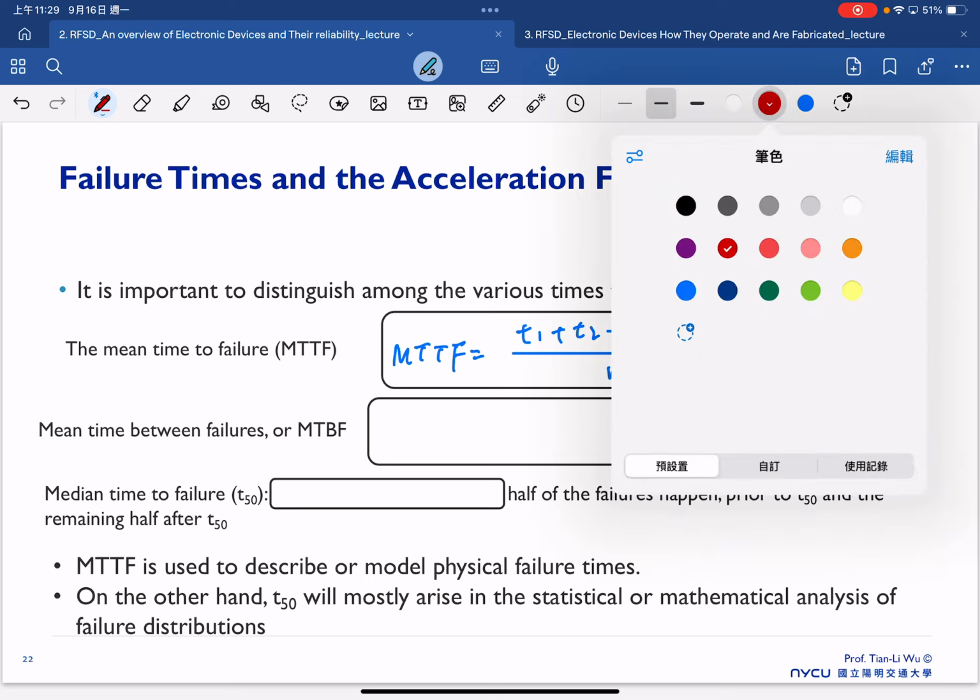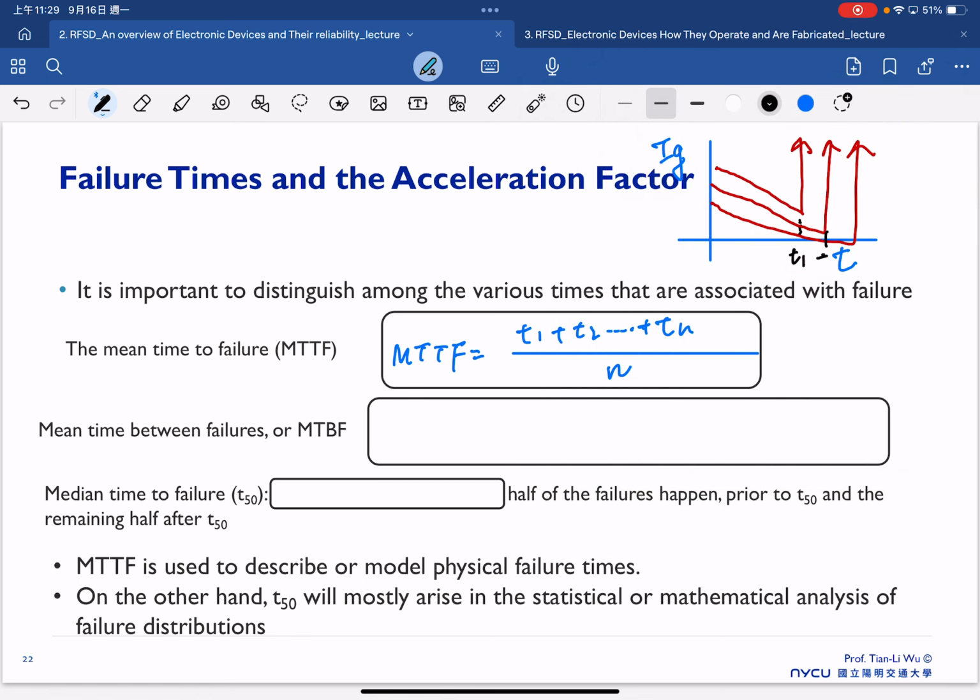So we have T1, T2, T3. That's why we have to define what we call the mean time to failure. So in this case, MTTF is equal to the total. We have 3 devices, each one is T1 plus T2 plus T3. So that's the MTTF here.